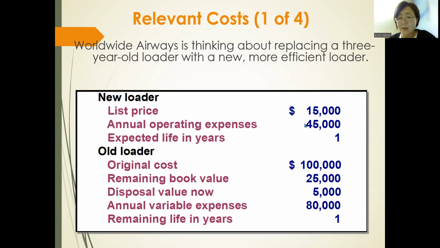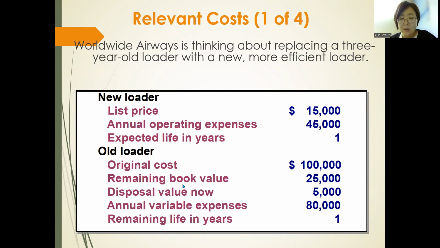The annual operating expense for the new loader, 45,000, is also relevant because this is the benefit if we use the new equipment. We have a lower operating cost than the older one, a differential from the current situation. So compare the 45,000 and 80,000. These two items are also relevant.